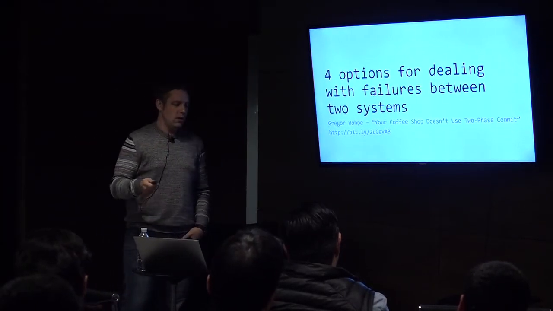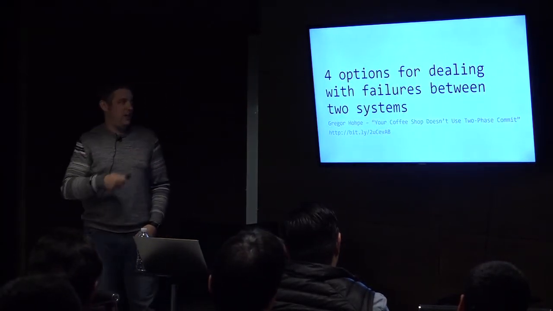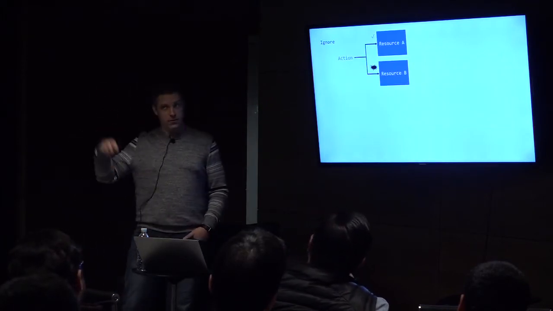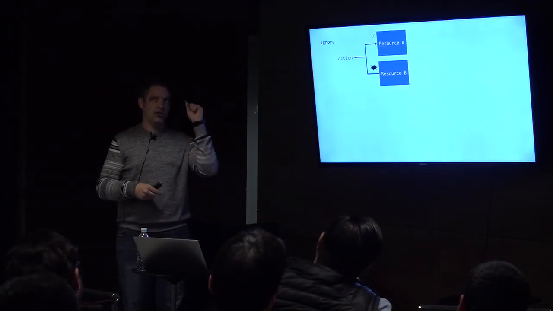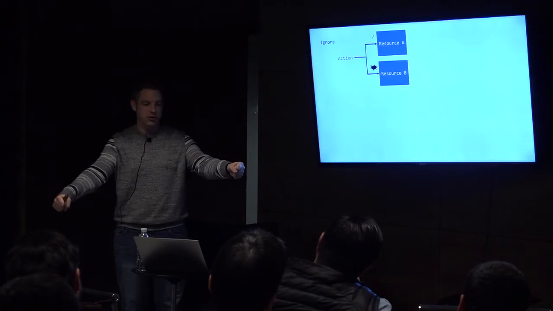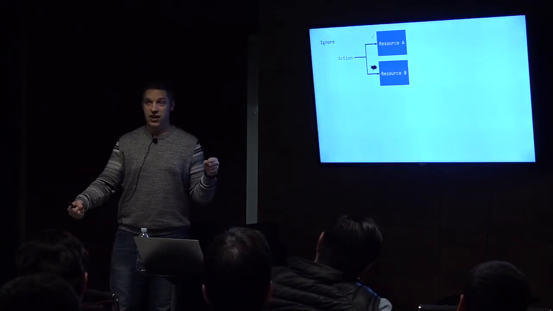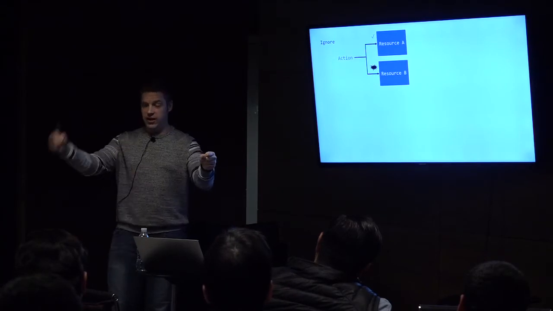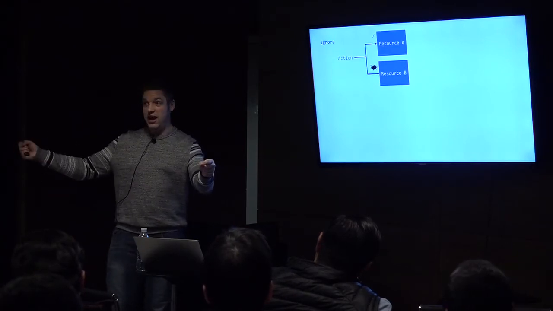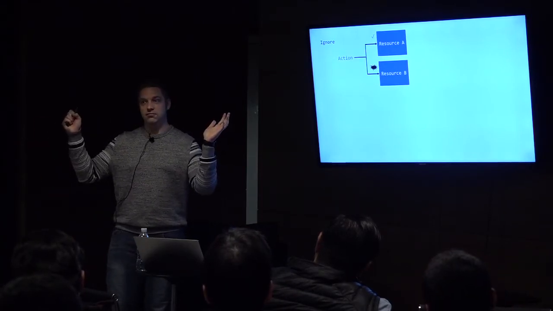So the first way of dealing with a failure between 2 different resources, so I'm doing something with resource A and something with resource B, the first option would just be to ignore it. To say, something failed with the second resource, just ignore it and move on with our lives.